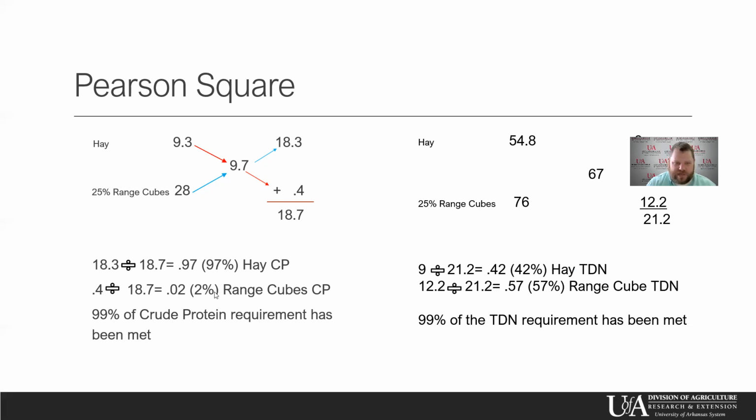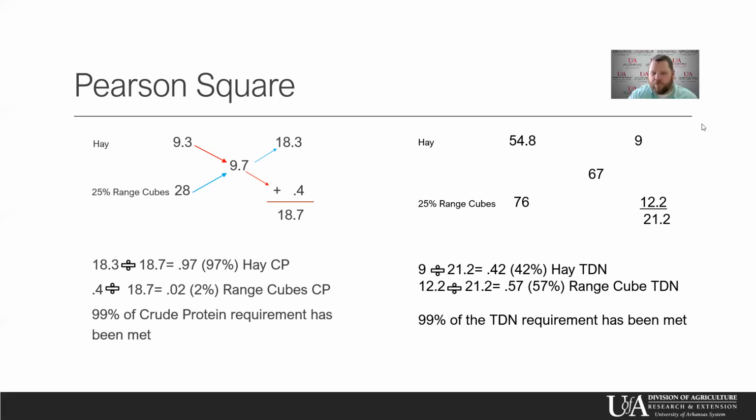So we need 2% of our mix to be range cubes to meet our crude protein requirement, okay? So very simply, if we were mixing 100 pounds, 97 pounds would be hay, and 2 pounds would be range cubes to meet our crude protein requirement.